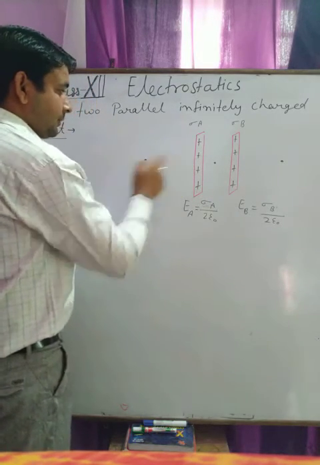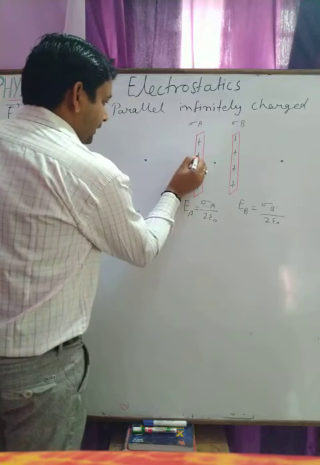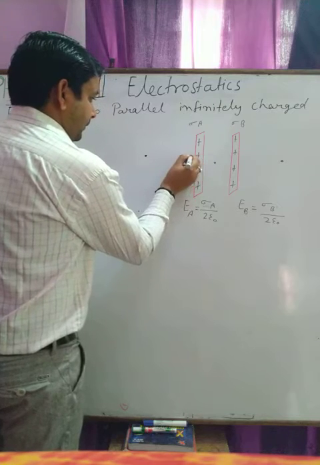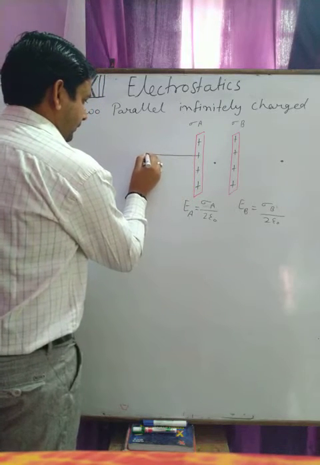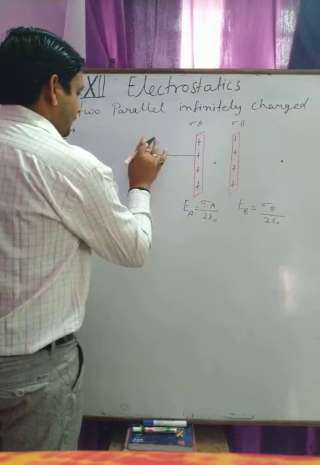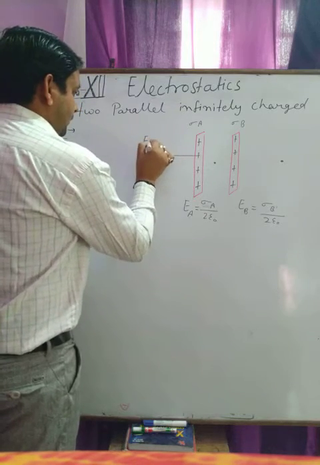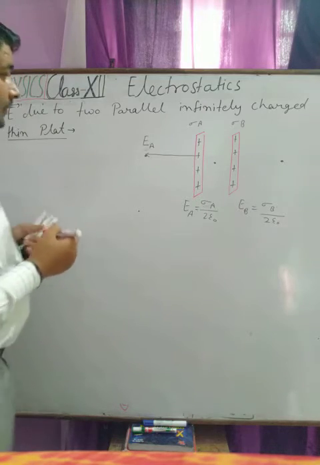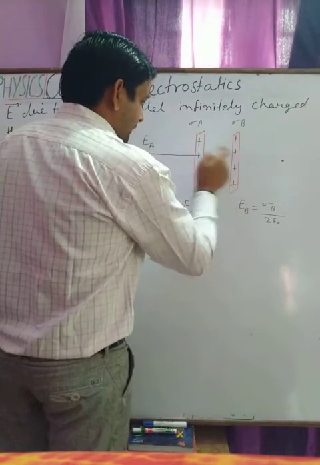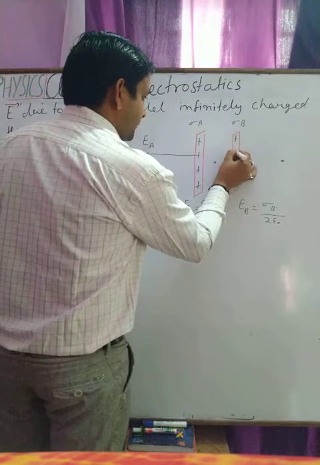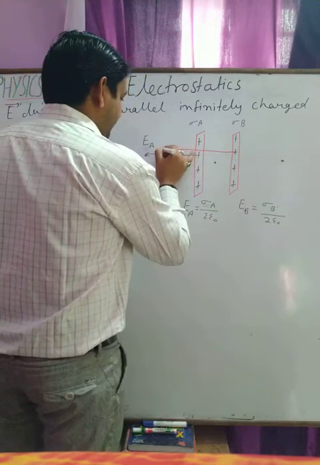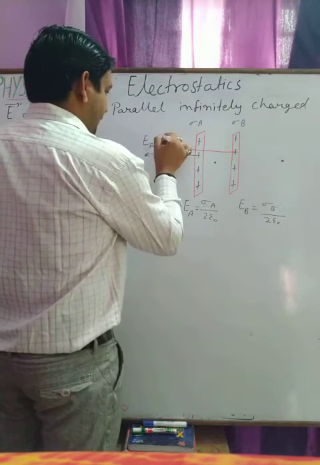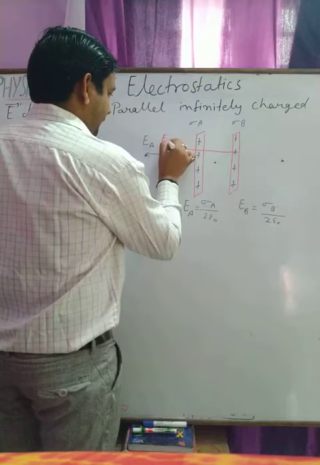Electric field due to this plate A at this point is E_A, students. And the electric field due to the second plate is again a repelling electric field, that is E_B.